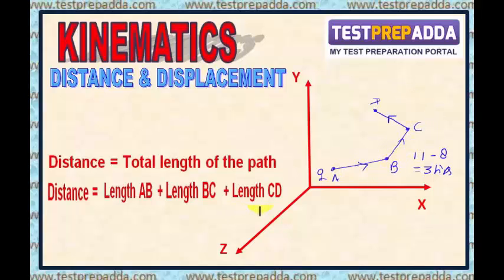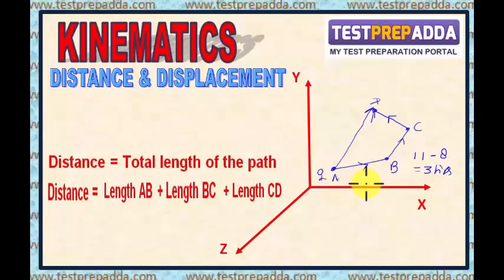Got the idea? So what is the distance? How will you define distance? Distance is the total length traveled. Now if I join this initial point with this final point like this, this is the shortest distance between A and D. And this shortest distance is known as displacement.